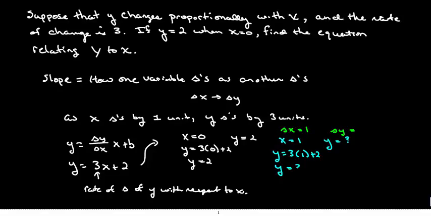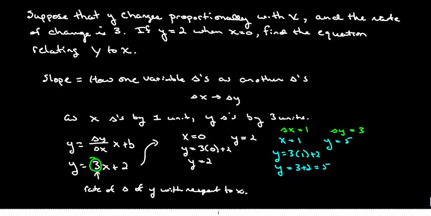So y is equal to 3 plus 2, or 5. So y went up to 5 from 2. So the change in y was 3. And so a change in x of 1 unit leads to a change in y of 3 units. And this right here is our rate of change.